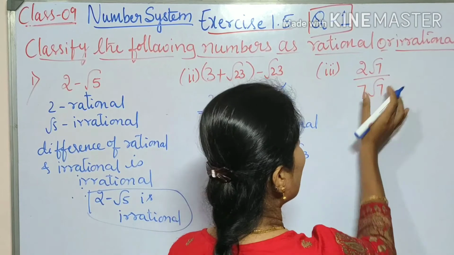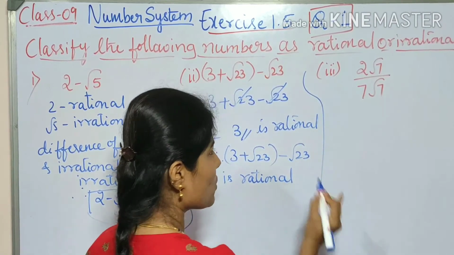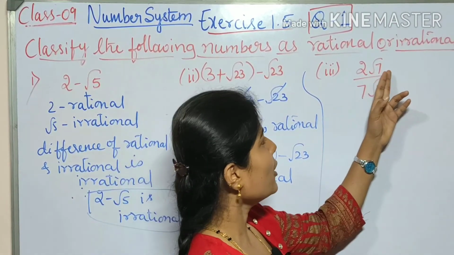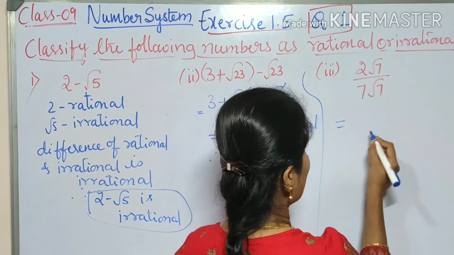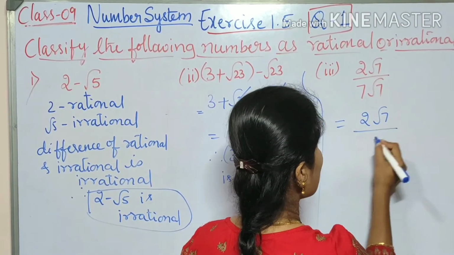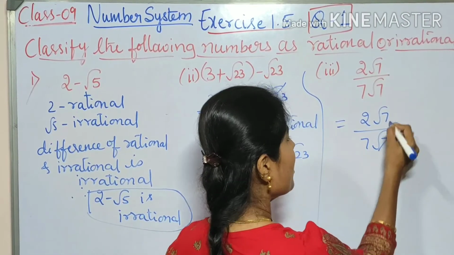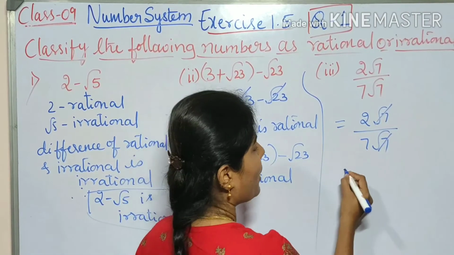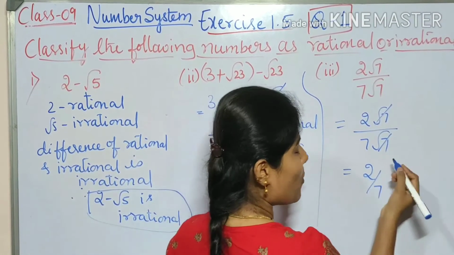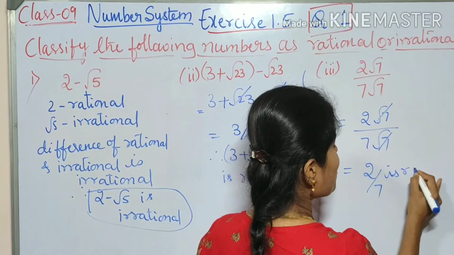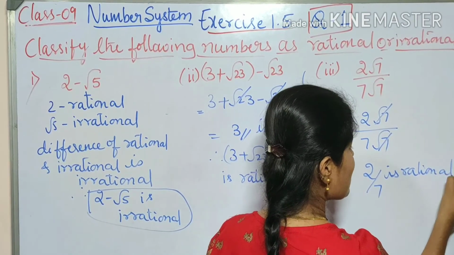Now let us go for the third one: 2 root 7 divided by 7 root 7. Here root 7 cancels. Finally we have 2 by 7, and 2 by 7 is rational.